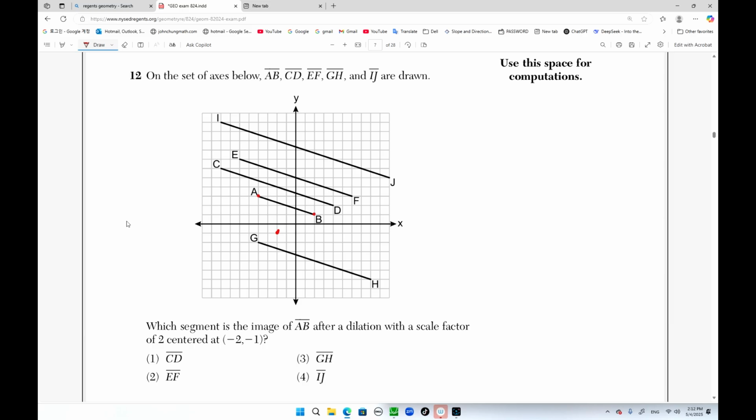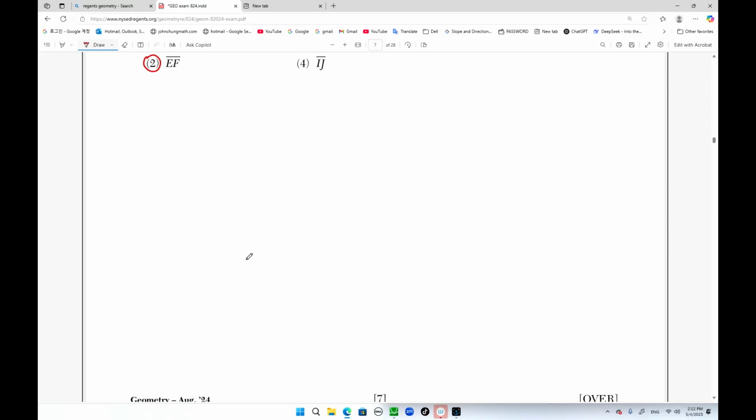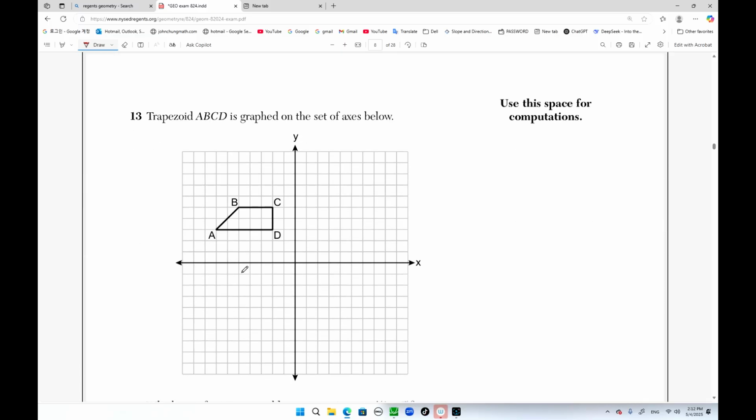The dilation is 2, right? You can make the line here, here. 2 is what? Twice this one. Here, here. Okay, from here, 1 to 2, right? Twice. Definitely, right? EF is the answer. So number 13.